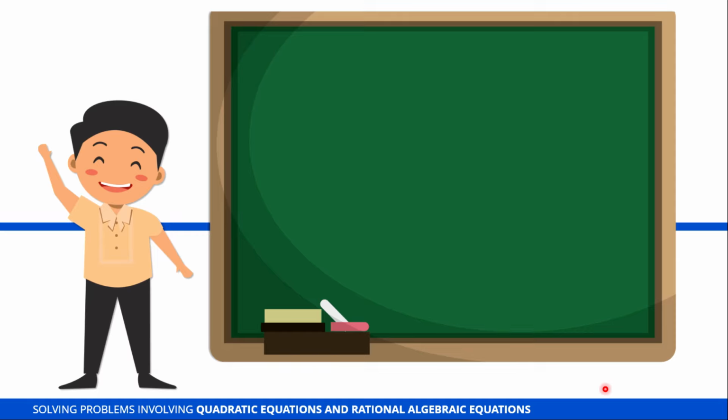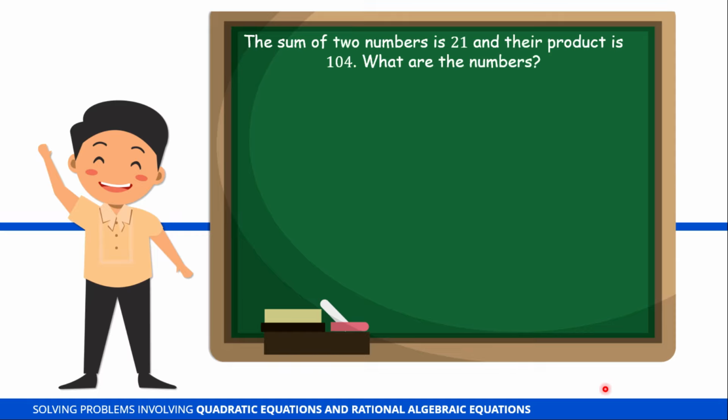Let's proceed to our third problem. The sum of two numbers is 21 and their product is 104. What are the numbers? Sa problem na ito, let x and y be the numbers. So ang una nating i-represent is itong statement na ito. The sum of two numbers is 21.